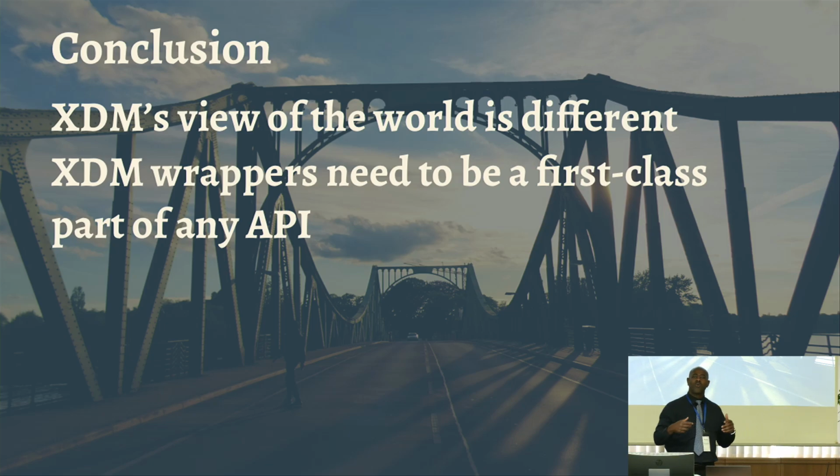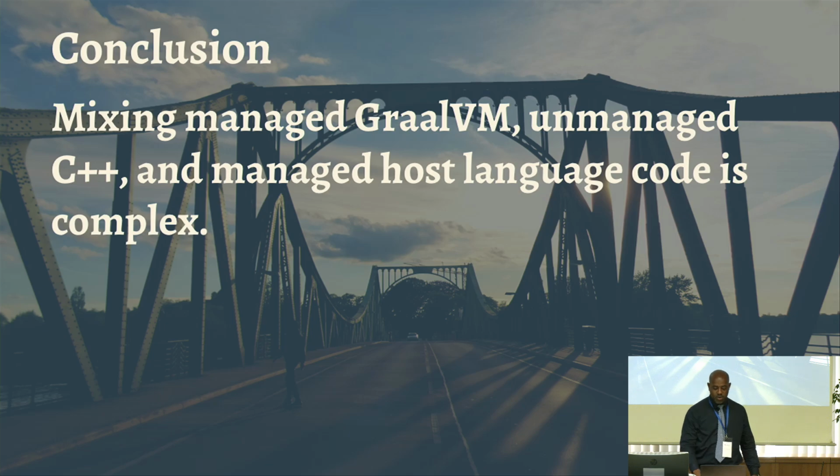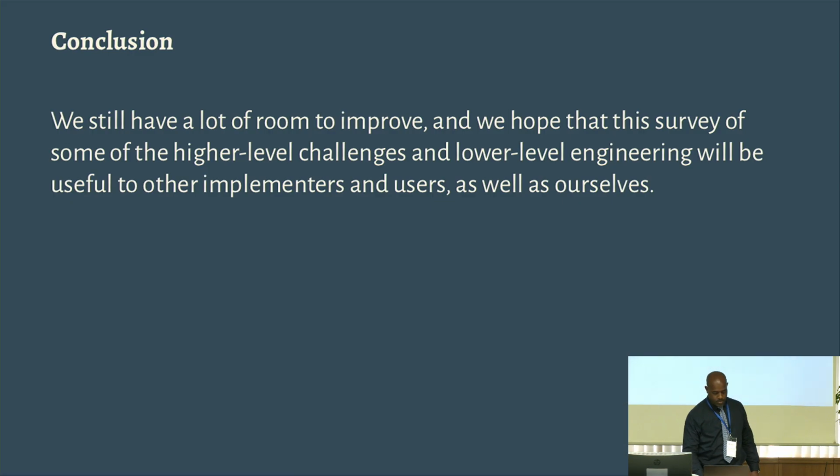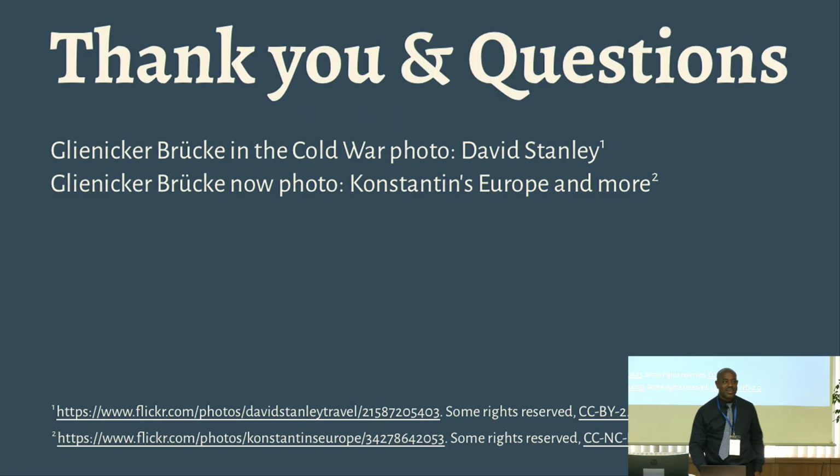It's not quite gone away, but it's become more complicated, because we're wrangling with expectations of managed code in the core Java runtime and the managed code in the host language runtime. It is complicated. We still have a lot of room to improve, and we hope this survey, at the higher level challenges, I haven't gone too deep, has been useful to other implementers as well as to us. Thank you.